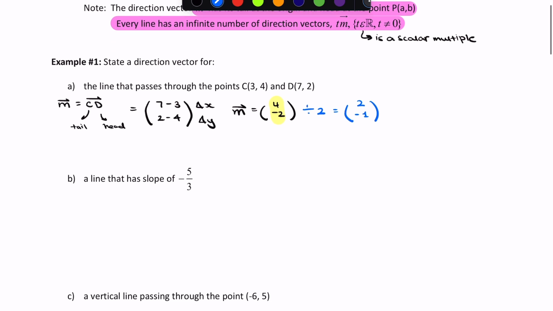And so here for b, it says it has a slope of negative 5 over 3. So here we know that our slope is equal to negative 5 over 3, which is equal to negative change in y over change in x.